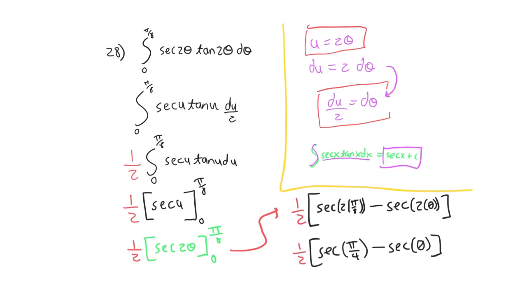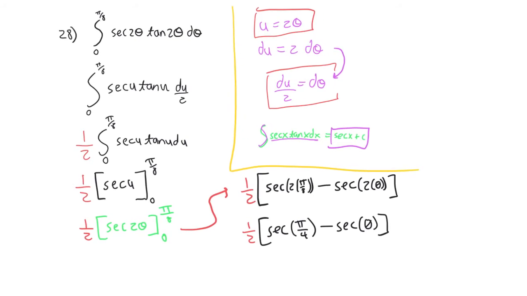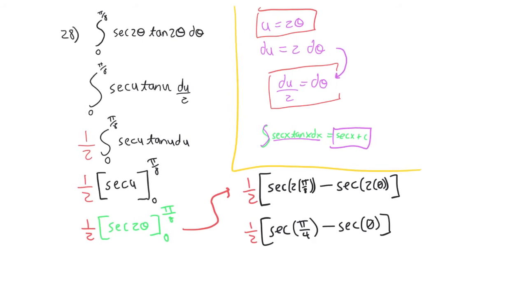Now the question is, all right, well, what is the secant of pi over 4? What's the secant of 0? Well, let's think about it.